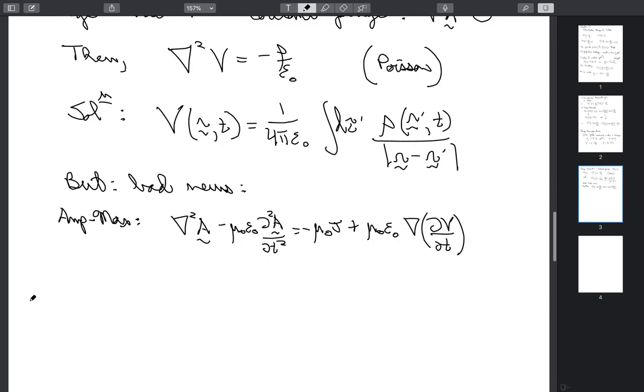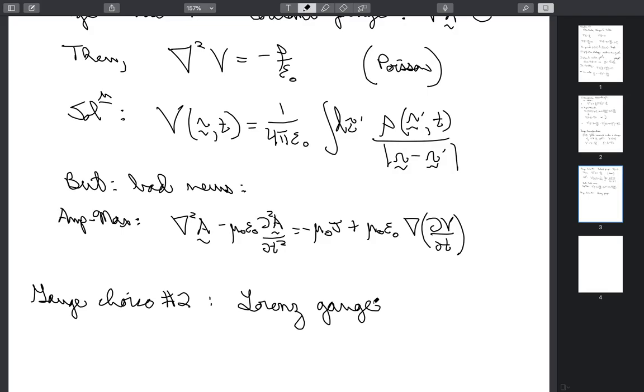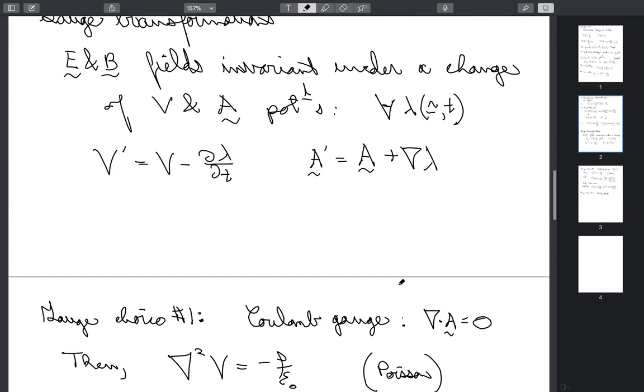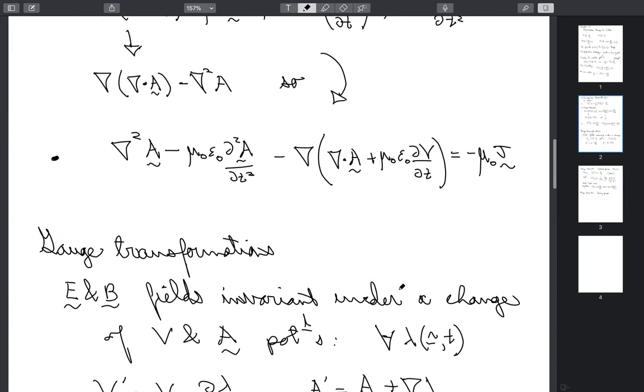So then let's do something else. Let's do gauge choice number 2, the Lorenz gauge. And here, what we do is that we choose a more complicated combination to vanish.